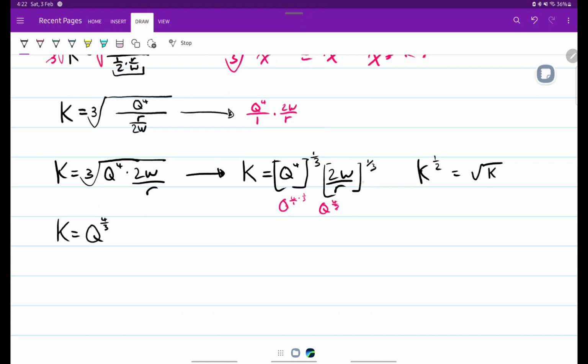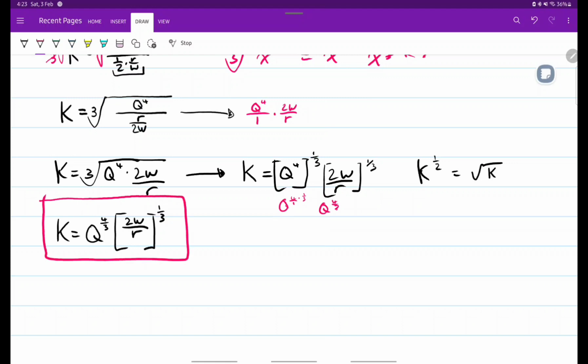and then r over 2w, to the 1/3. And that is the answer to your question.